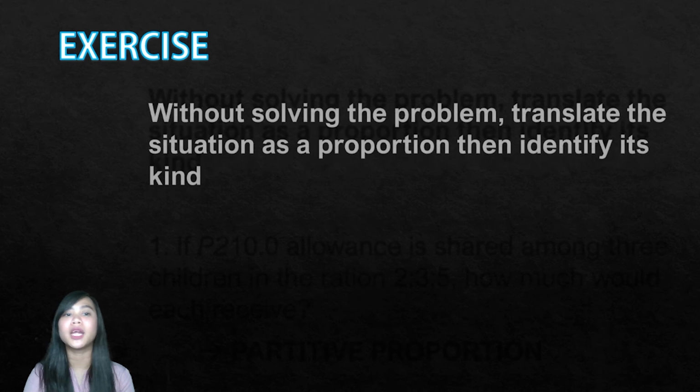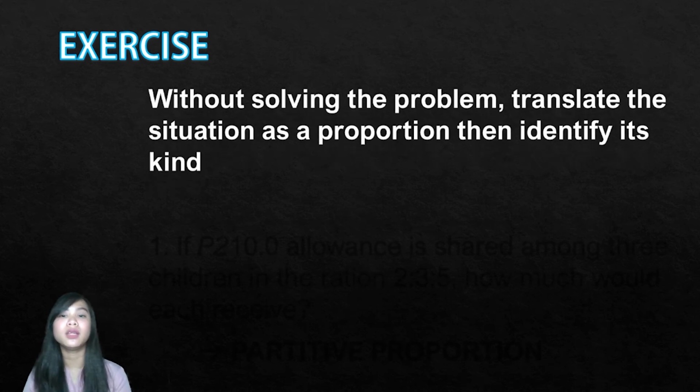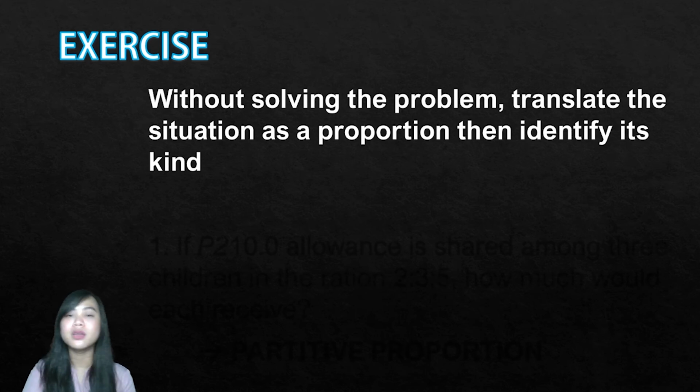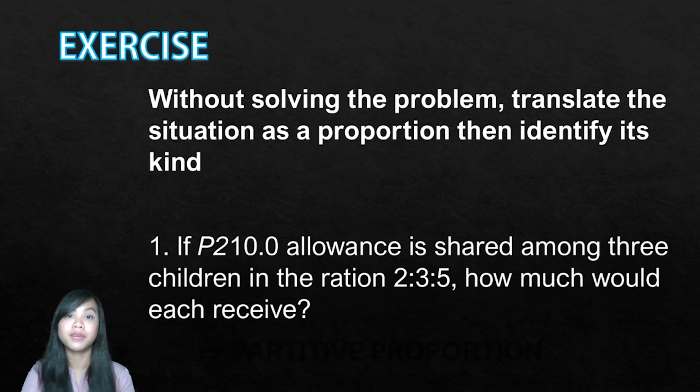Now, let us have this exercise. Without solving the following problems, we need to translate the situation as a proportion. Then we are going to identify what kind of proportion we are talking about in that problem. Let's have the first problem.